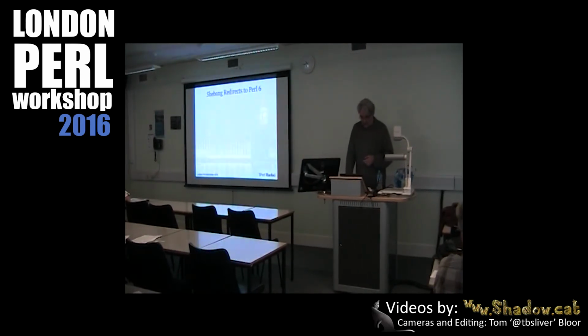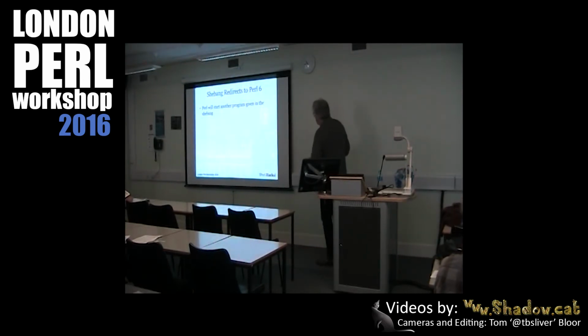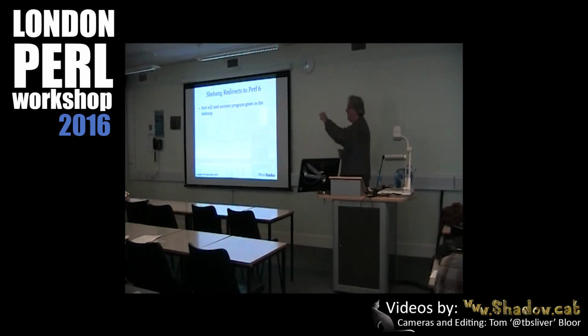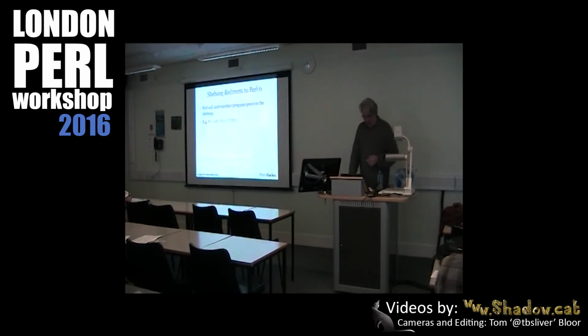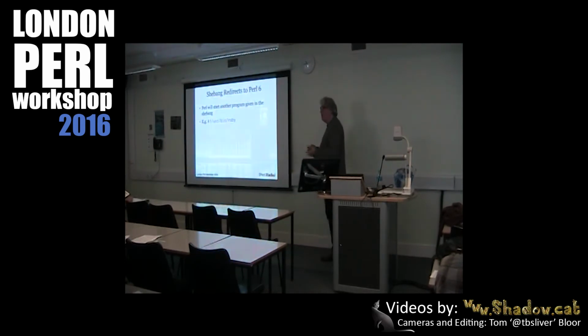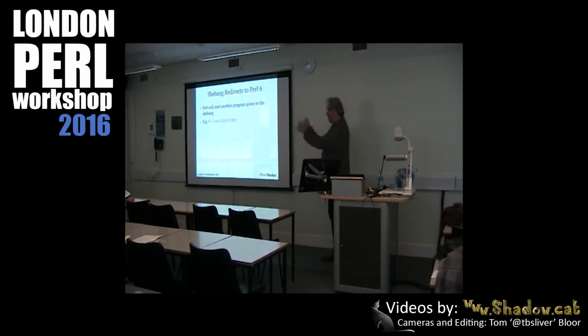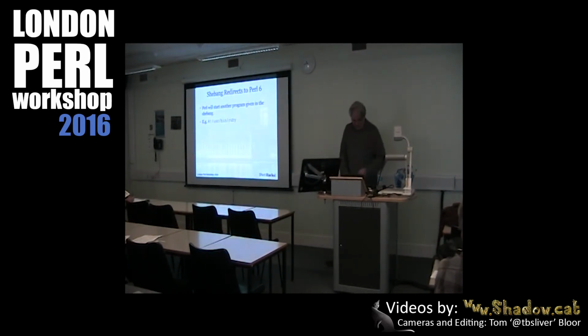The shebang redirects to Perl 6. So if you put a shebang in your Perl code, which obviously most of us do, and that shebang line includes a program that isn't Perl, then Perl will say, okay, I'm going to forward it on and call the other program in the shebang line. So if you try to run a Ruby program with Perl, it will run because Perl says, no, this is Ruby code, off you go, and passes it over to Ruby.